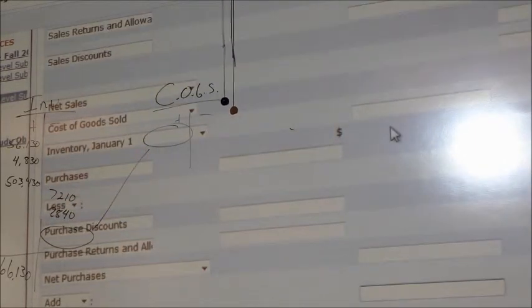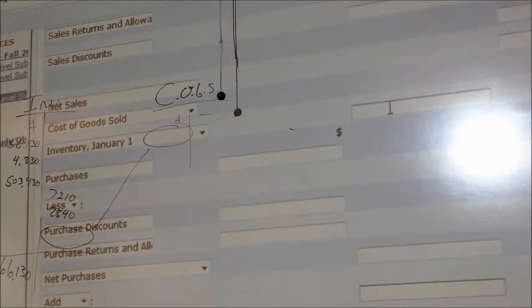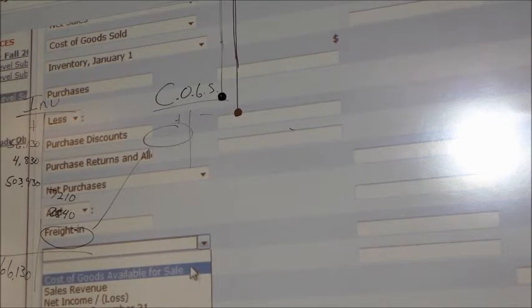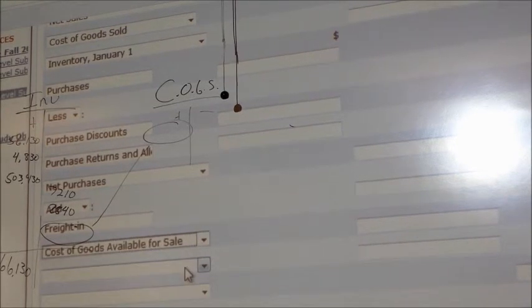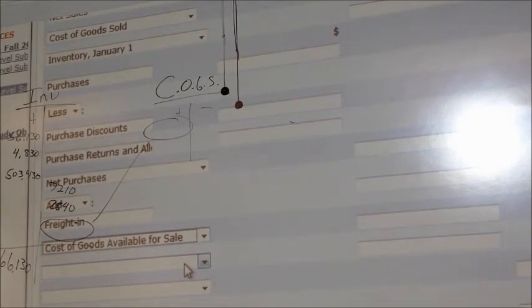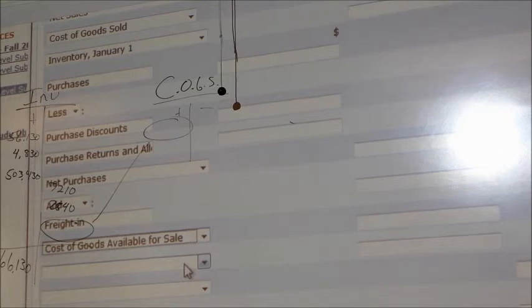Now, if I add in my beginning inventory plus everything I bought plus the shipping, what's that tell you? That's a new term called cost of goods available for sale. That's how much I have ready to be sold. And that's what we can figure up here too.